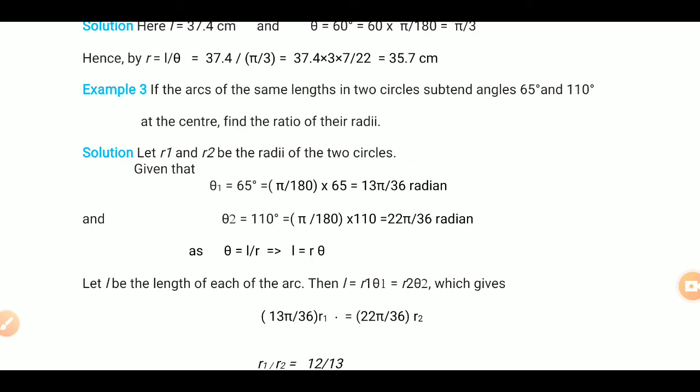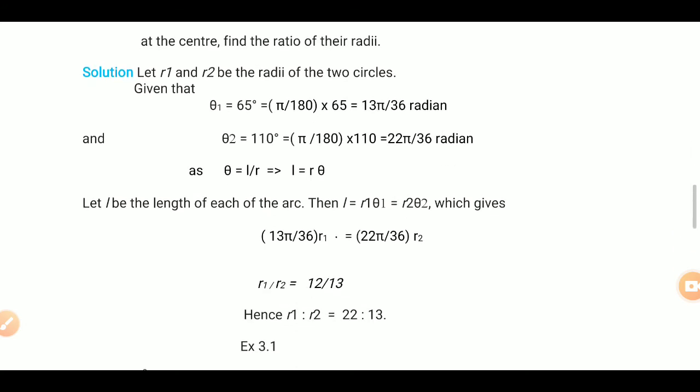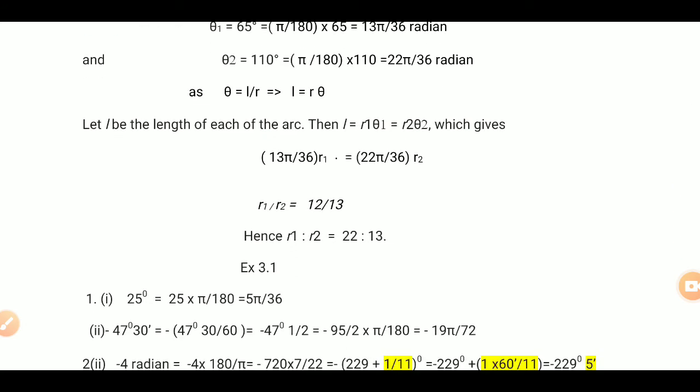Now we have the formula, angle is equal to arc length upon radius. So arc length will be equal to radius into angle. Let L be the length of each of the arcs. So L is equal to R1 theta 1 as well as R2 theta 2, because both are having same arc length.